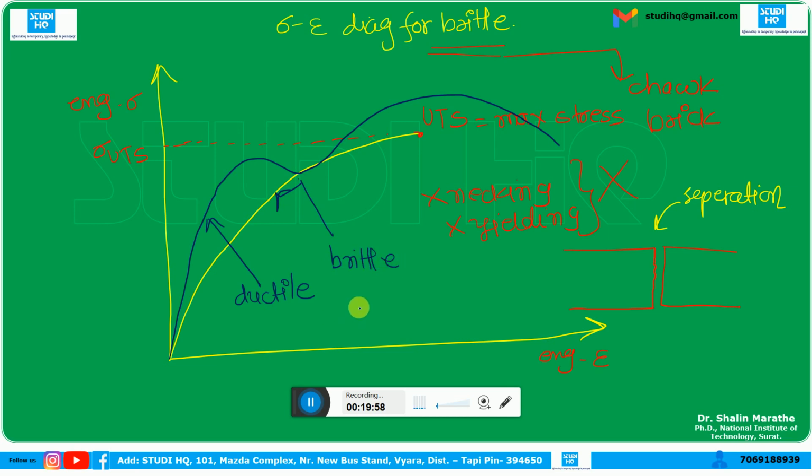So this is the difference between the stress strain diagram of the brittle and ductile material. But once again I have to say, these diagrams are engineering stress strain diagrams. Okay, so I hope this is clear to you.